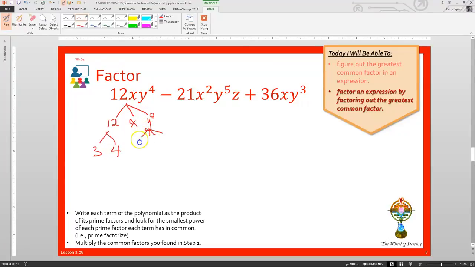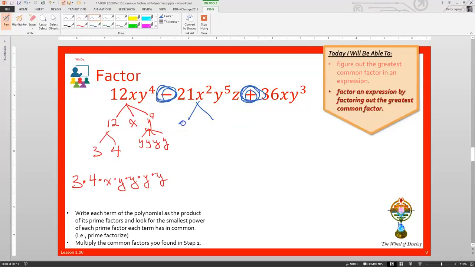But I'm still going to break it down. So I'm going to call this 3 times 4 times x times y times y times y times y. Okay? Beware of our signs. I'm just going to make sure we're aware of them for our last step.